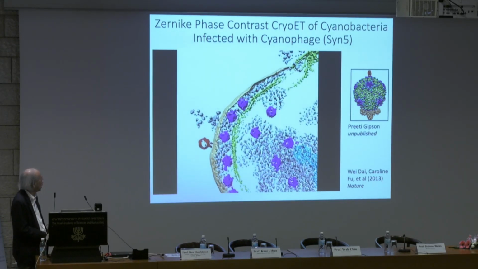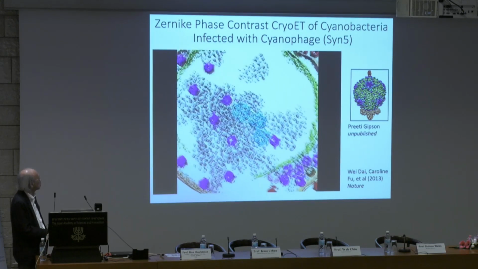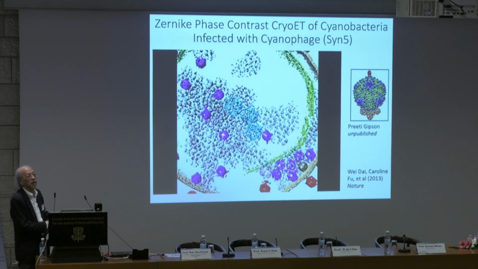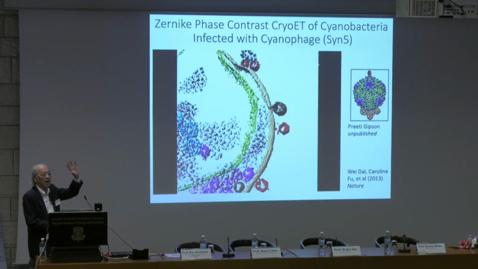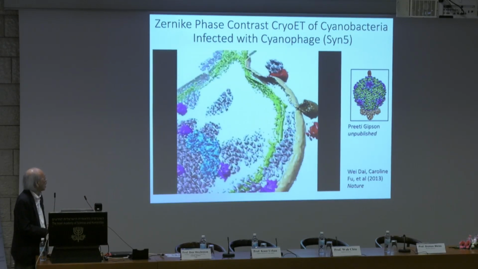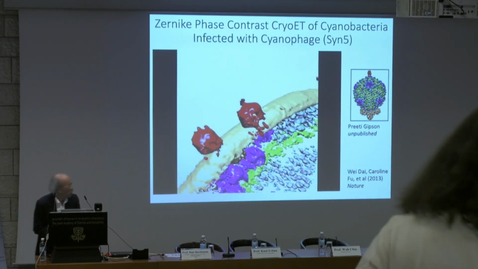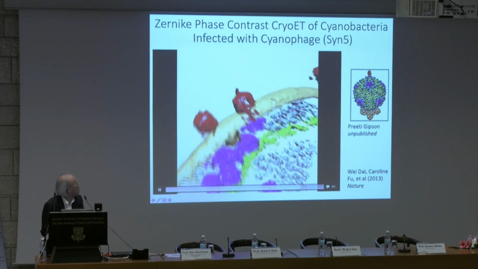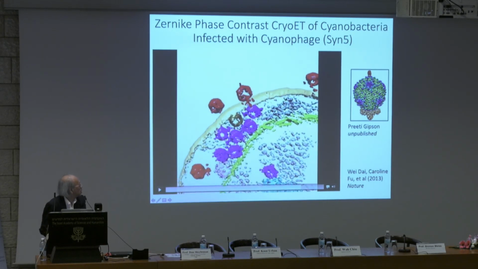I'm showing you in here this particular area, and there's a polyribosome, the polyribosome in the cell. And in here, one interesting aspect of this particular cell is these particular phages. It turned out these phages are very unusual.